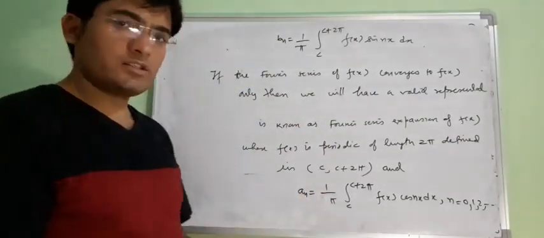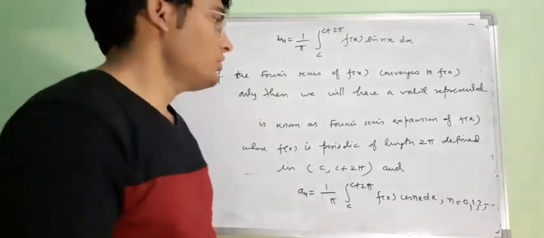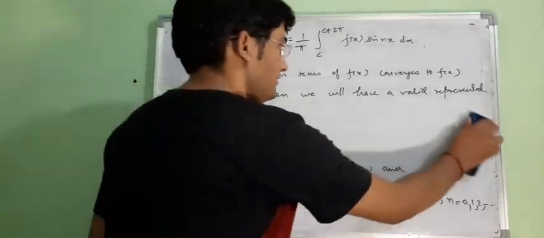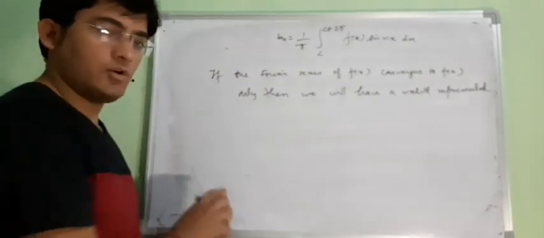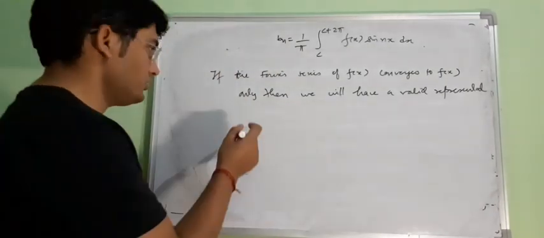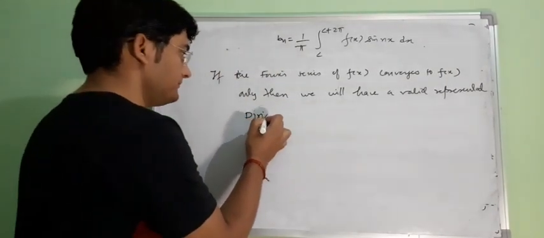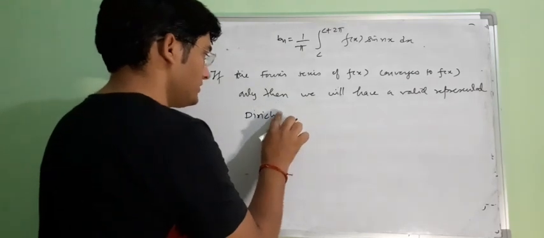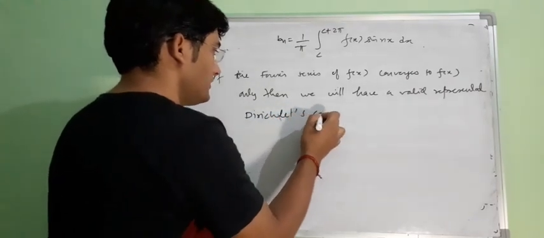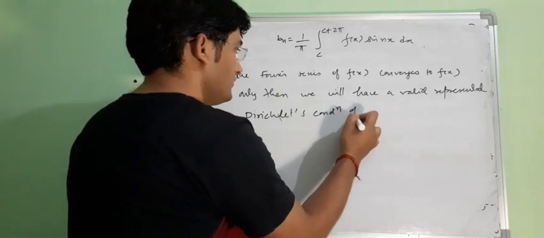Now what are the conditions behind the convergence? For that we have sufficient conditions of Dirichlet. So, Dirichlet conditions of convergence.